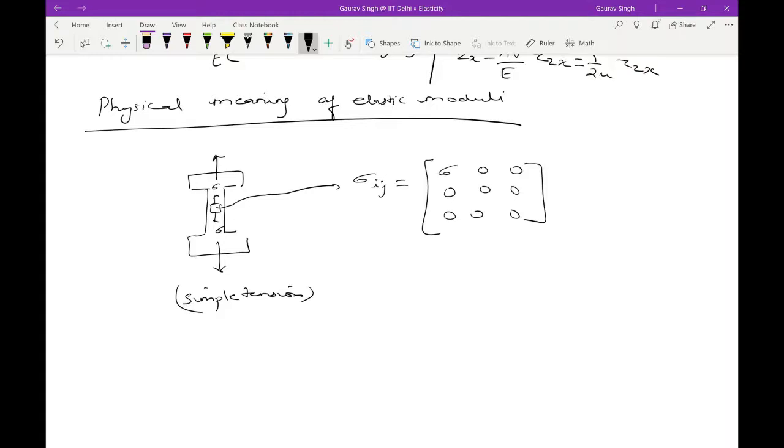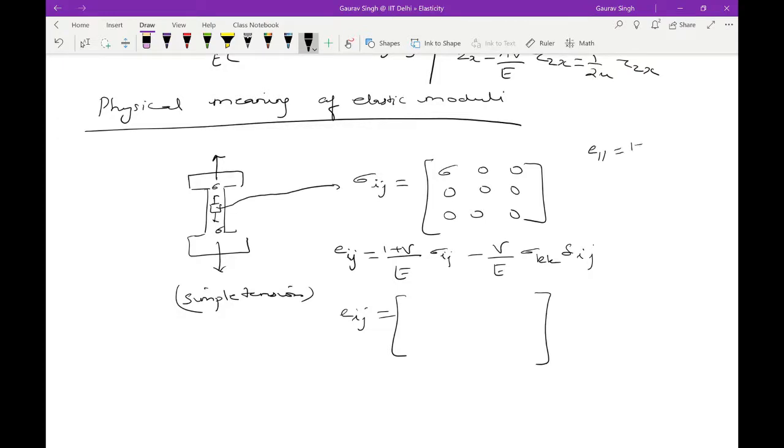So how do you find the strain from the stress? Remember this we had derived. Once you substitute this, for example, to find eij, you need certain terms, say e11.